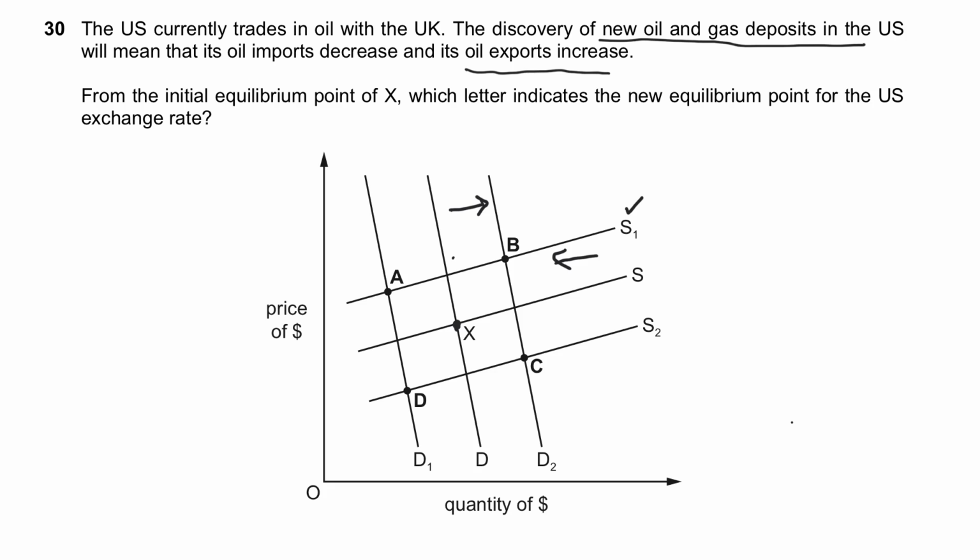Both together would mean we would go for B, where demand will rise for the currency because of a rise in exports, and supply would fall because of a fall in imports, and the equilibrium would be at B, so B is the right answer.